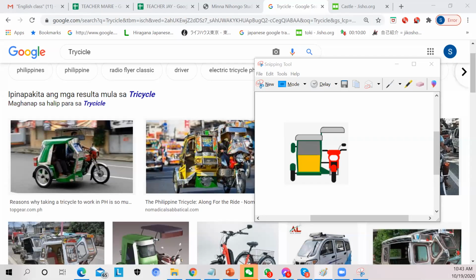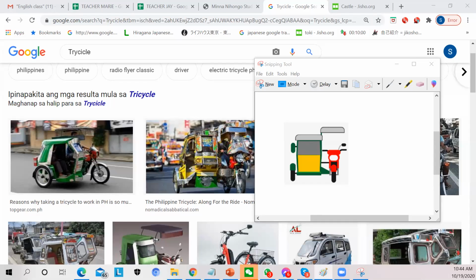Our word for vehicle in Japanese is norimono. So how will Leslie ask Pamela in this case? How will you ask her, what vehicle is that?